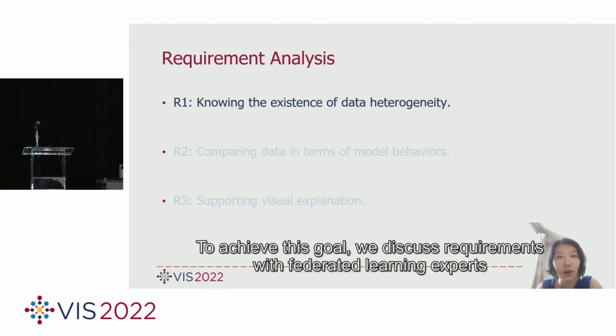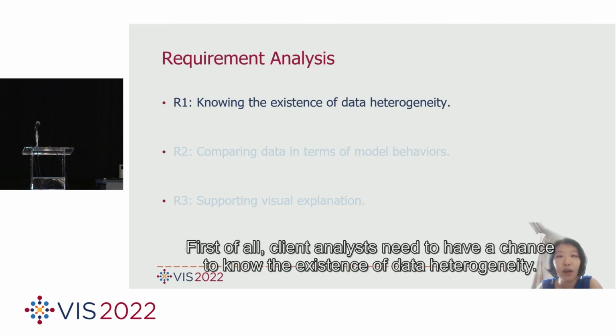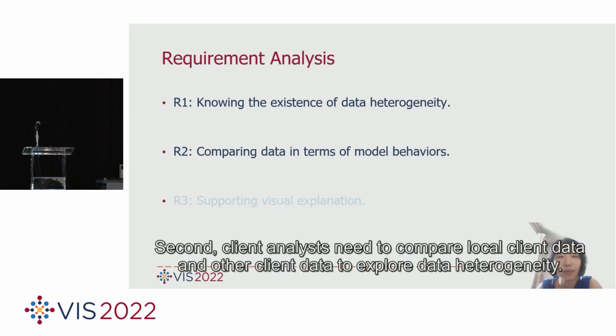To achieve this goal, we discussed requirements with federated learning experts and summarized the following 3 requirements. First of all, client analysts need to have a chance to know the existence of data heterogeneity. Second, client analysts need to compare local client data and other client data to explore data heterogeneity.